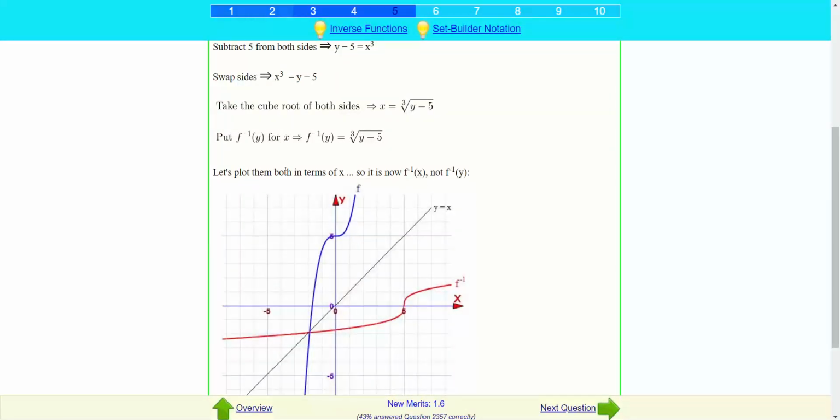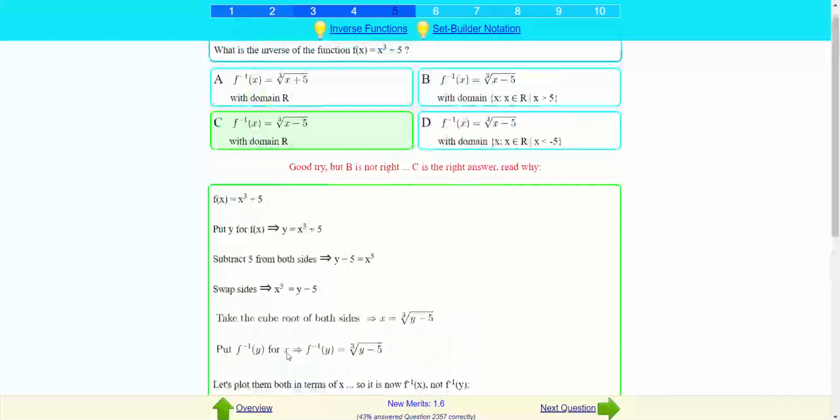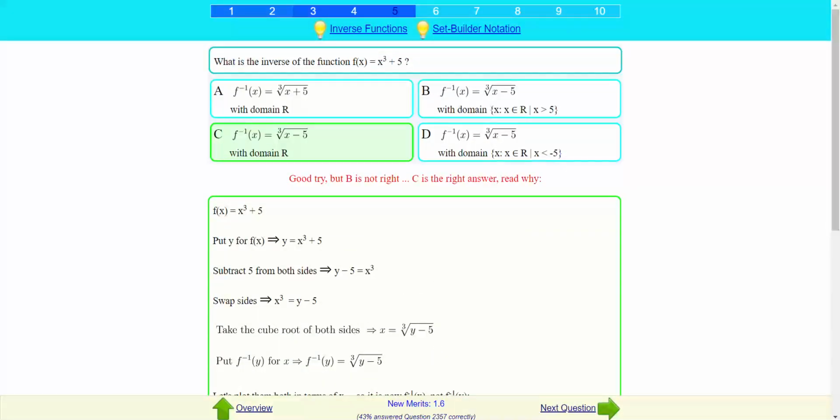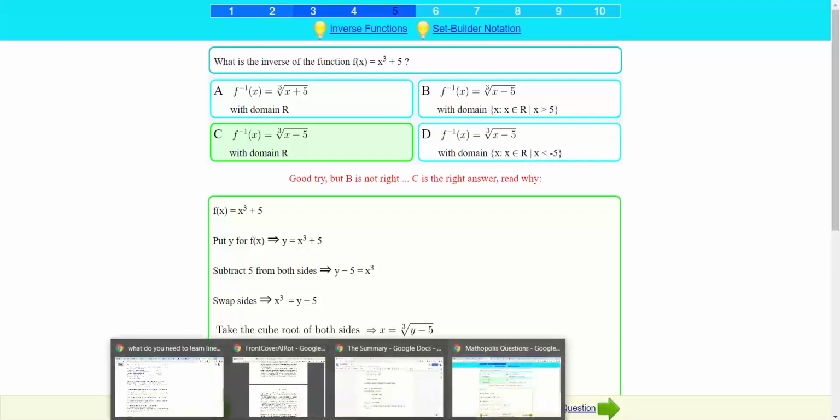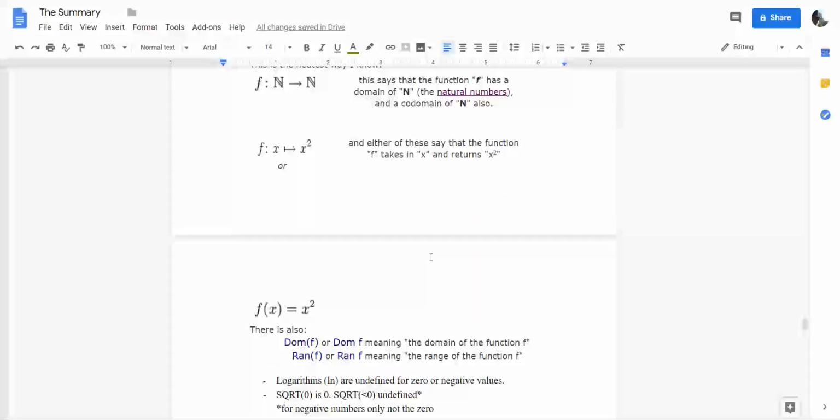Let's plot them both in terms of x and try to find the inverse. Note that in this case there are no restrictions on the domain or range. Should note this down.